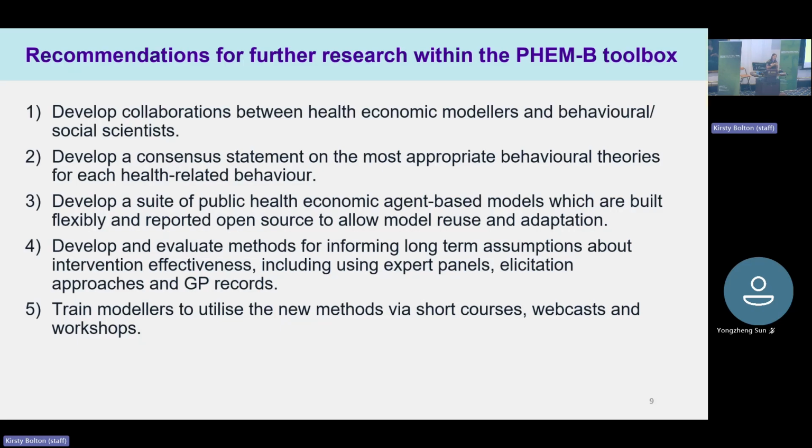One of the issues is that these complex systems models like agent-based models do take quite a lot of development, and I think we're now getting better at making things open source, but also at building them in modular ways so that they can be added on and adapted. Another recommendation is to develop and evaluate methods for informing long-term assumptions about intervention effectiveness, including using expert panels, elicitation approaches, and GP records. And to train modellers to utilise new methods via short courses, webcasts, and workshops.